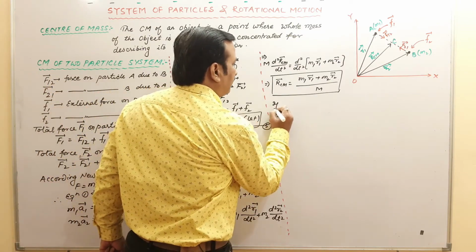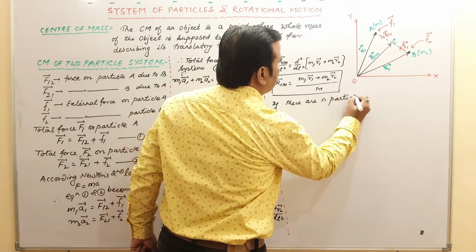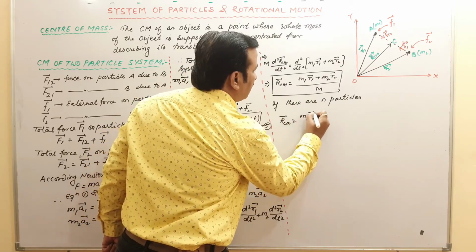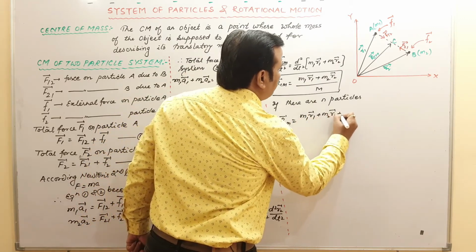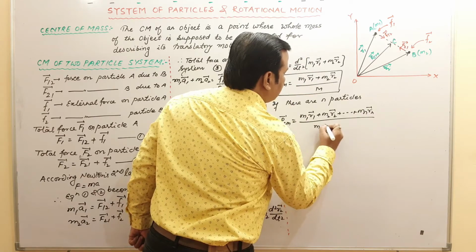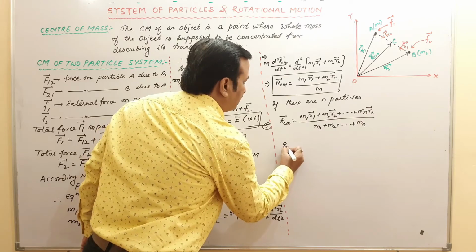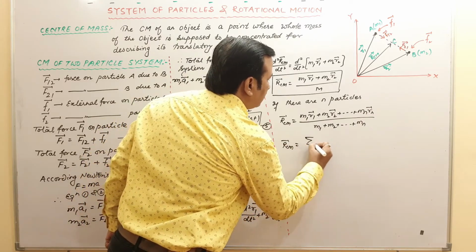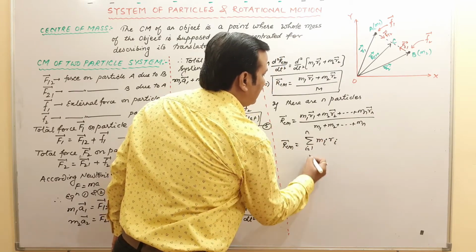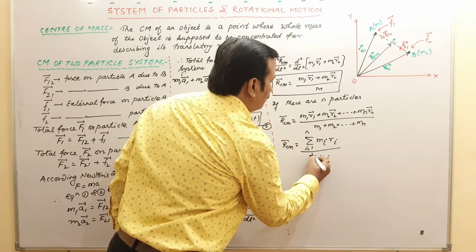If there are n particles, then RCM we can extend as m1 r1 plus m2 r2 plus up to mn rn upon the sum of the masses, right? This we can write as sigma mi ri, i equal to 1 to n, upon sigma mi, i equal to 1 to n.